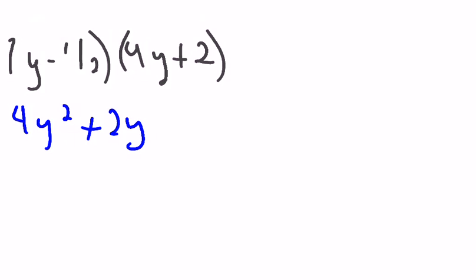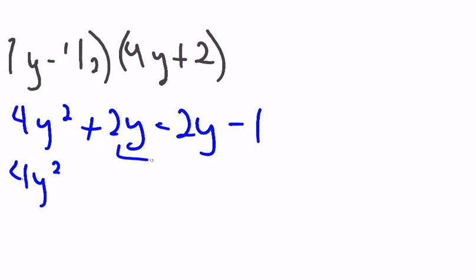So remember, half times 4y is the same as half of 4y. So that's going to give us 2y. Half times 2 is half of 2, which is going to be 1. So now we end up with 4y squared. These two cancel, or go to 0, minus 1.